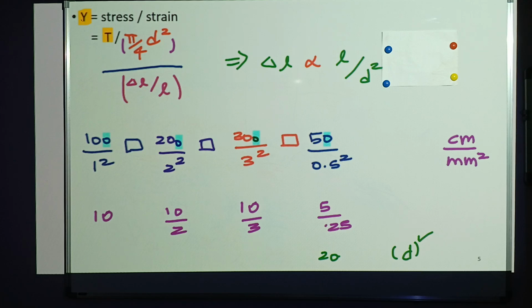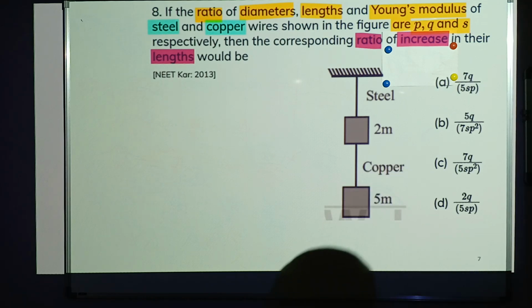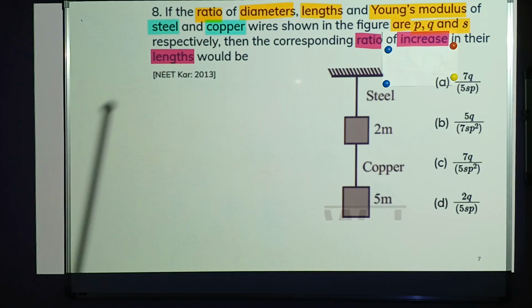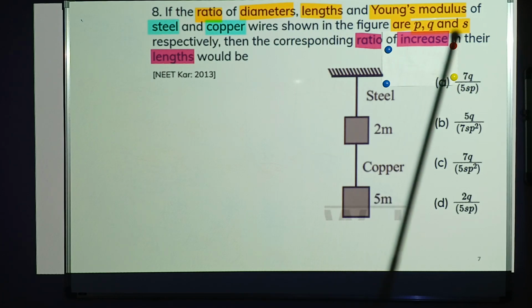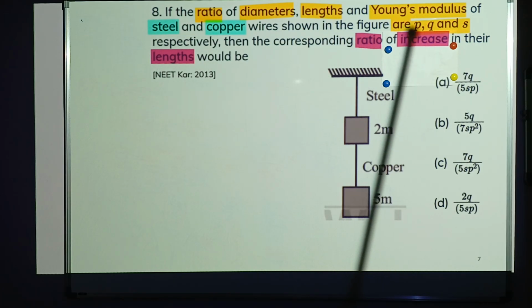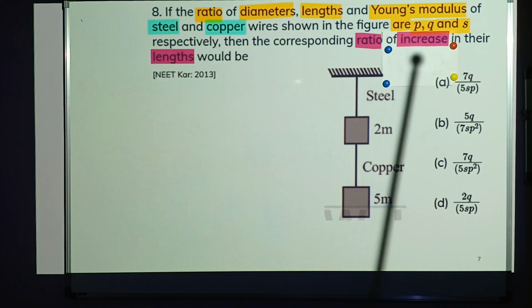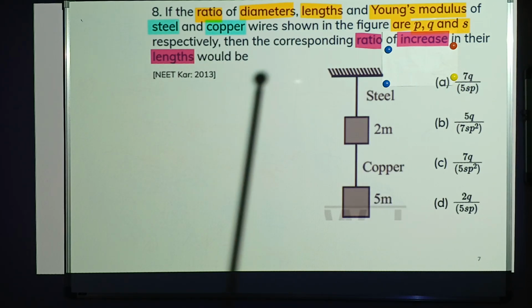Let's move to the next question. If the ratio of diameters, lengths, and Young's modulus of steel and copper wires shown in the figure are P, Q, and S respectively, then the corresponding ratio of increase in their lengths would be.